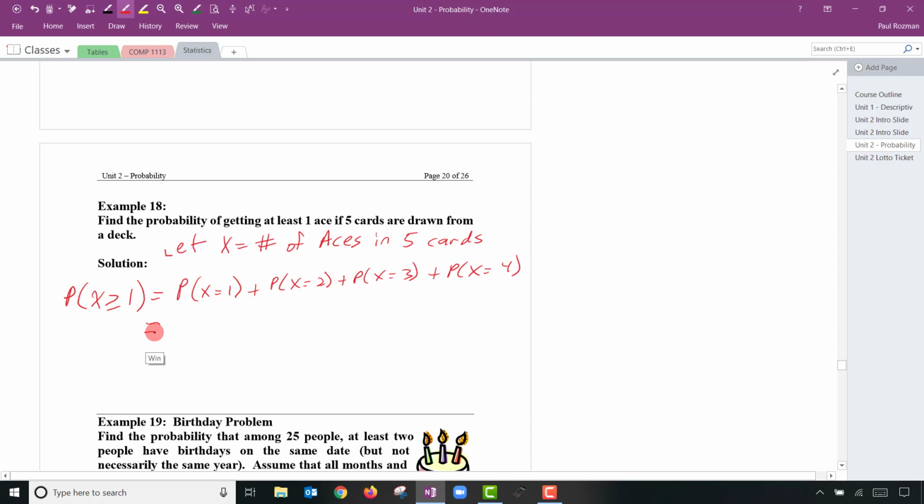Alternatively, we could just look at the opposite of this problem, which is 1 minus the probability that x is less than 1. The opposite of greater than or equal to will be less than. Because this is a discrete probability, the only value that is less than 1 is none.